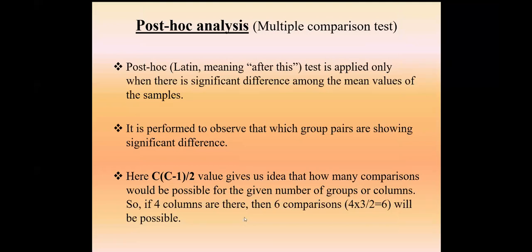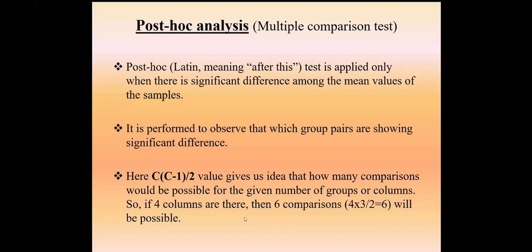And we have to know exactly how many comparisons will be possible. That we can know by calculating it with the formula C into C minus 1 by 2. For example, in this case, there are 4 columns. So 4 into 3 by 2, that is 6.